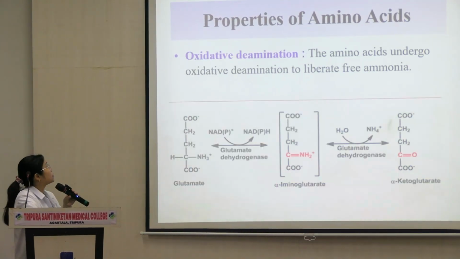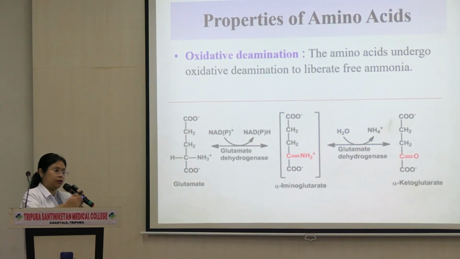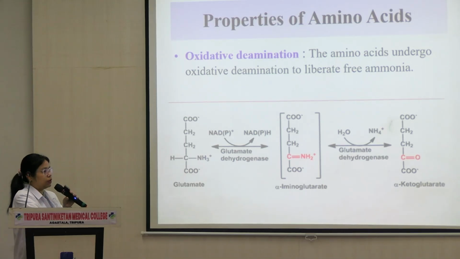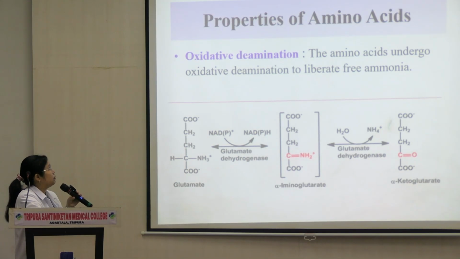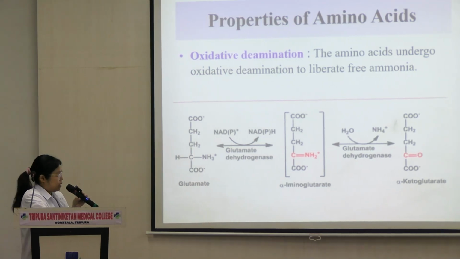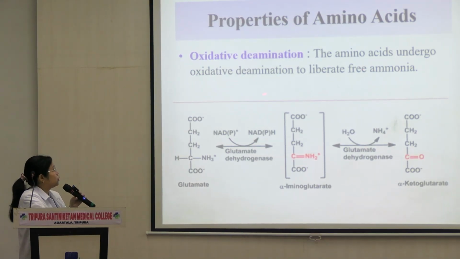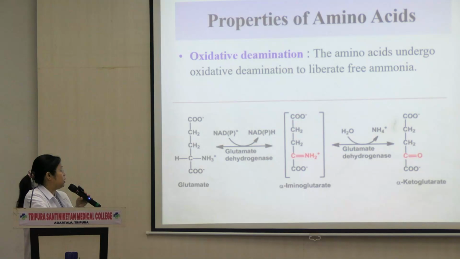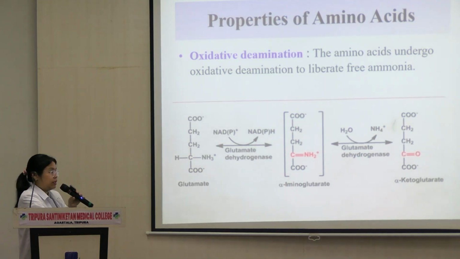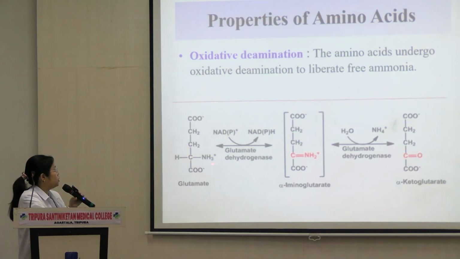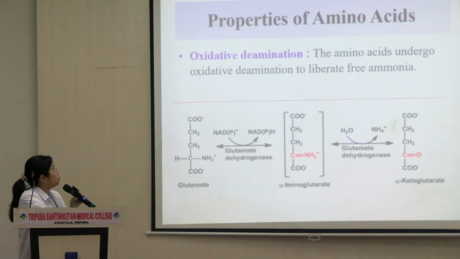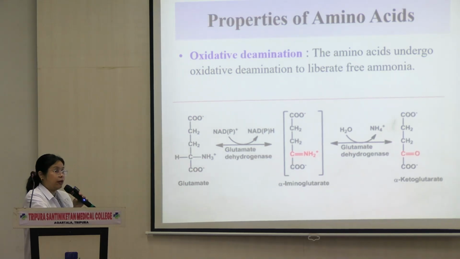Remember the name. Along with transamination, we have oxidative deamination as well. The amino acids undergo oxidative deamination to liberate free ammonia. Glutamate is an amino acid, so the amine group here gets removed: deamination, removal of the amine group.